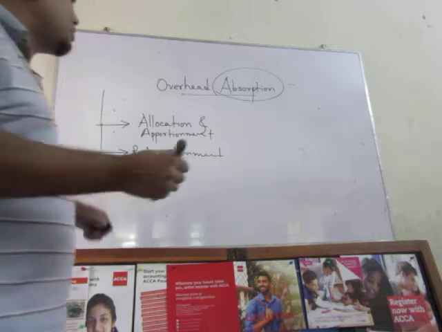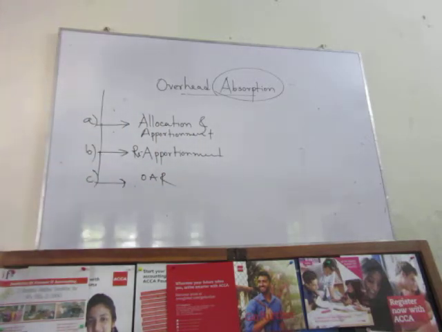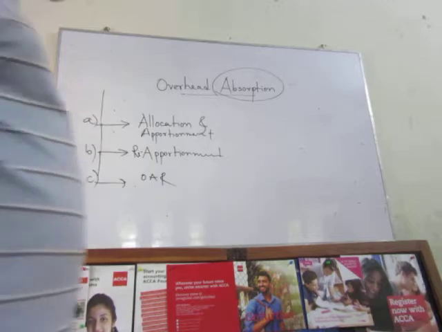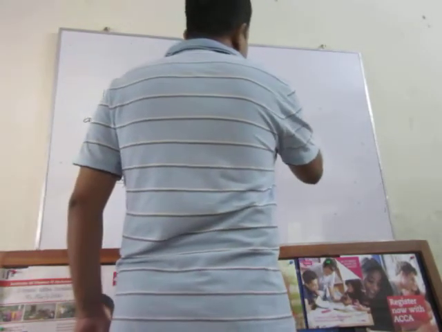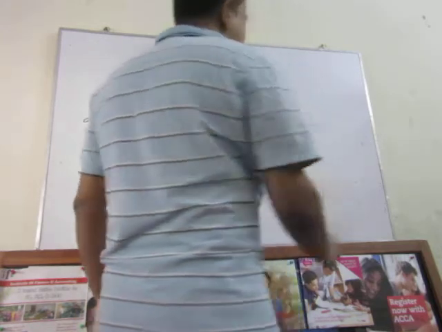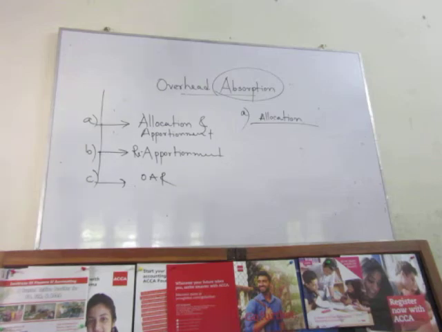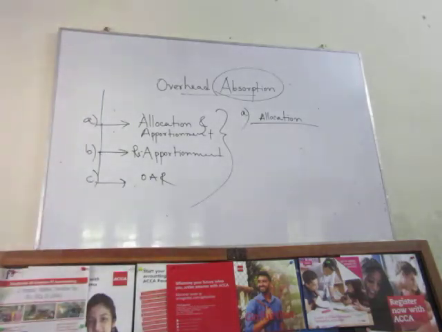So first of all, if you mark these A, B and C, first we think about A, which is allocation and apportionment. What do you mean by this?